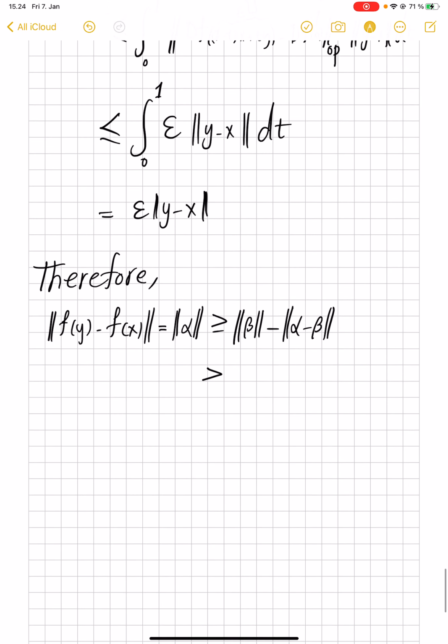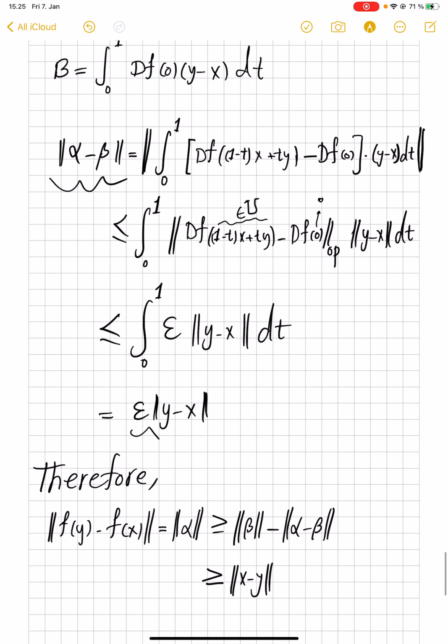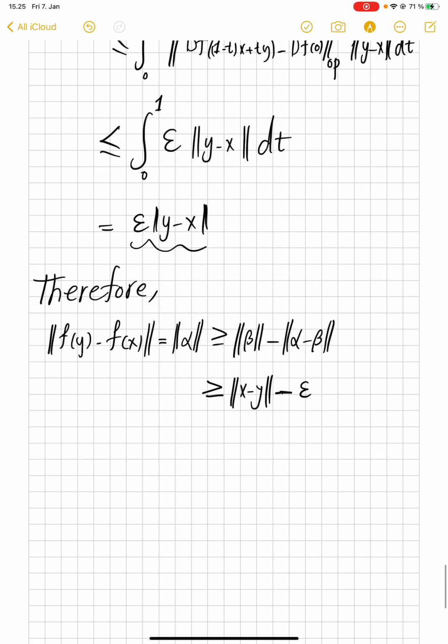And the norm of beta is just the norm of x minus y, because beta is just the vector x minus y comma 0. And what is the biggest that the norm of alpha minus beta can subtract? That is this calculation. The most it can subtract is epsilon times the norm of x minus y. But this is 1 minus epsilon, times the norm of x minus y, and that is bigger than lambda inverse times the norm of x minus y.